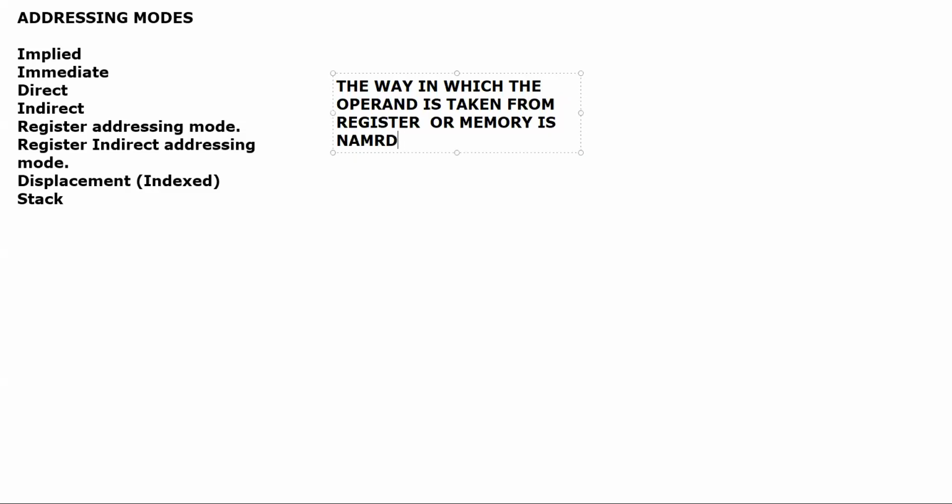So this is the simple definition of addressing mode. I have already told you, with the help of addressing mode, you can easily track the value of the operand, and with the help of the value of the operand, you can easily track the address. So you can track both of them, operand and address.